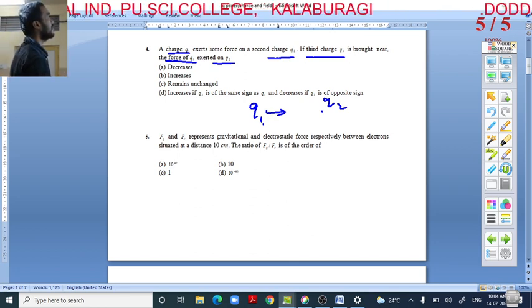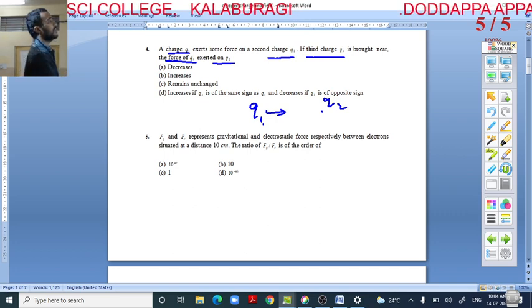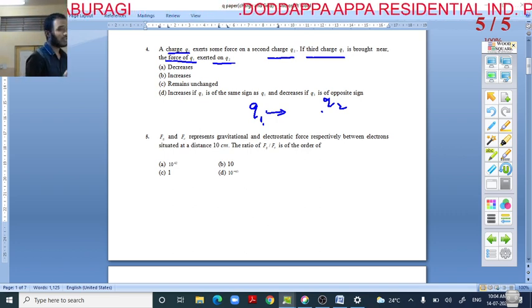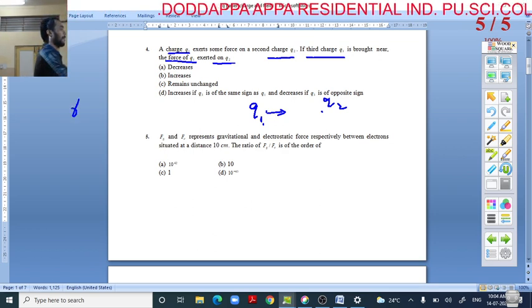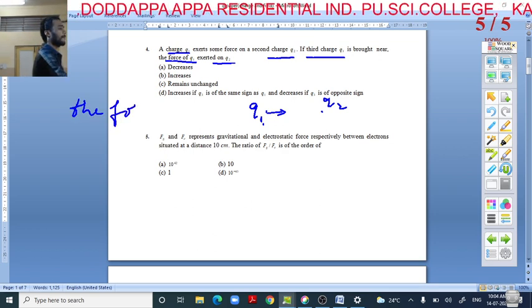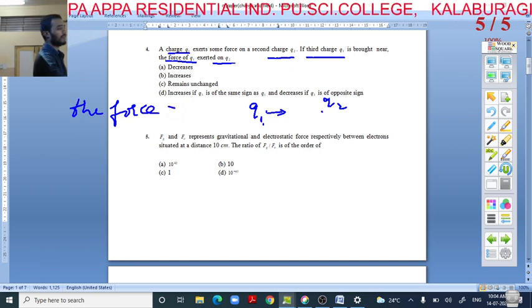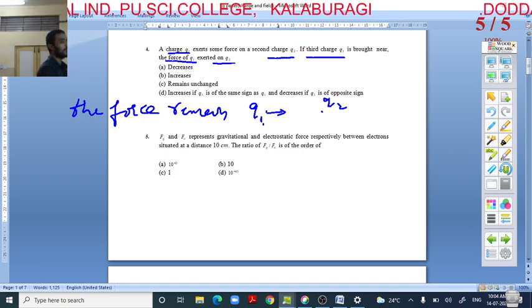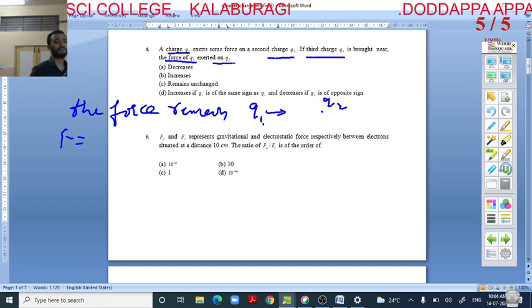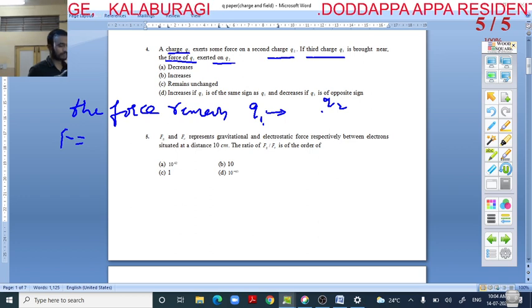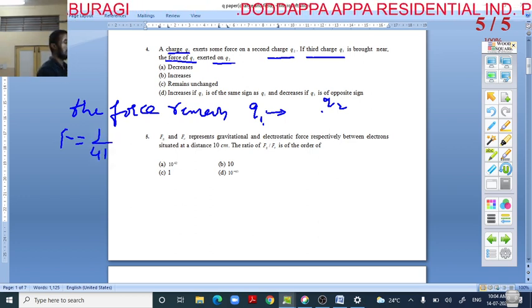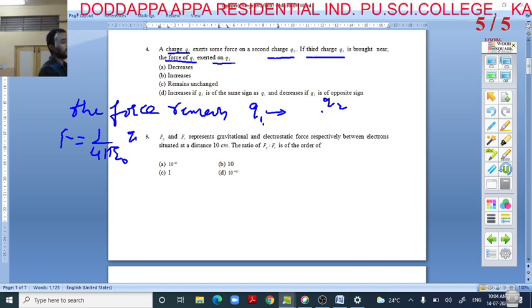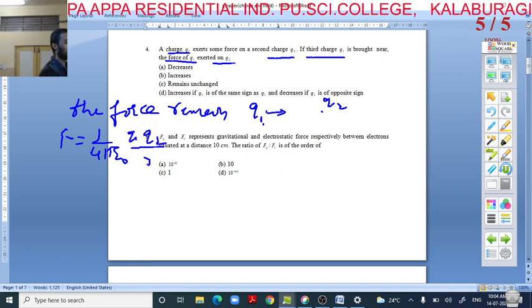Now just try to understand what he is asking here, that is, the force remains F is equal to 1 by 4 pi epsilon Q1 Q2 divided by R square only.